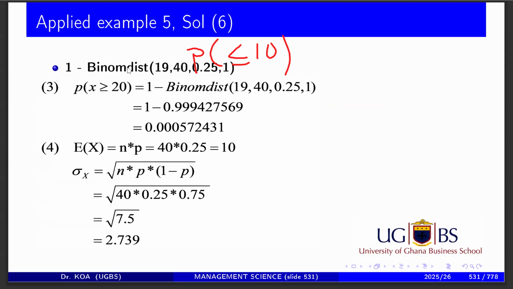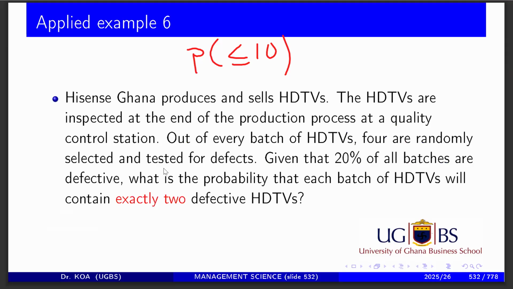This is how you worked it. The mean is np, so that is 40 times the p, which is 25%. Then the standard deviation is the square root of np times (1 minus p). You substitute and you eventually get 2.739. So that is how you undertake this particular one.